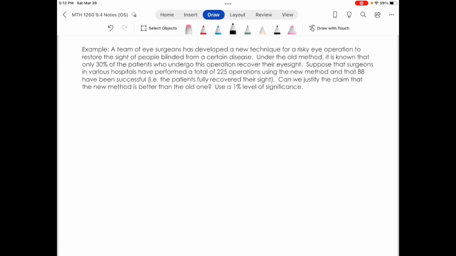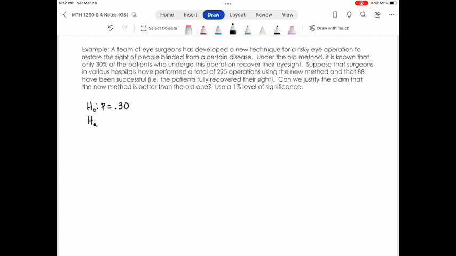So in this example, we're talking about proportions. We're looking at a success rate. So when we set up our null and alternative hypothesis, we want to look to see if nothing has changed, what's our proportion? Previously, we have that our proportion is 30% or 0.30.